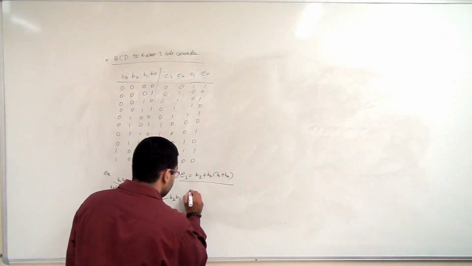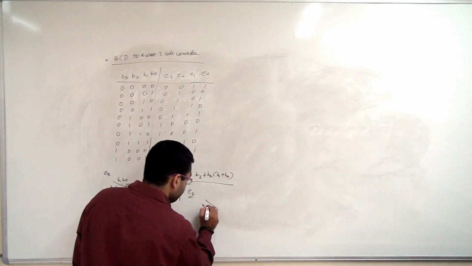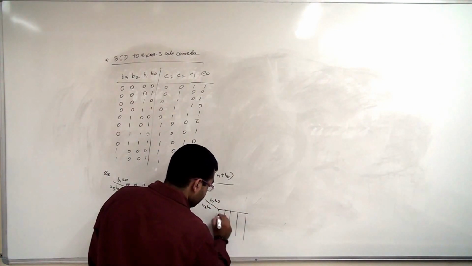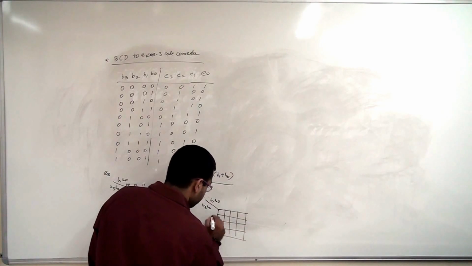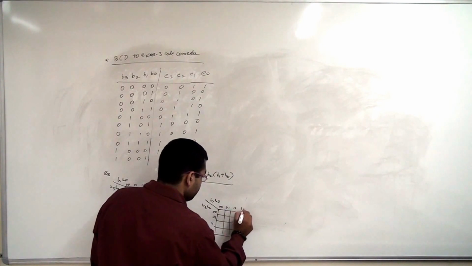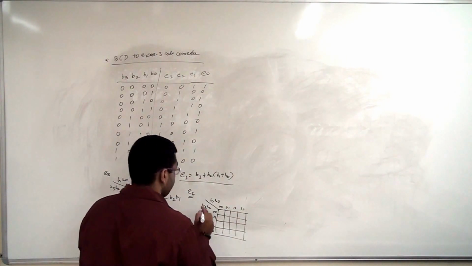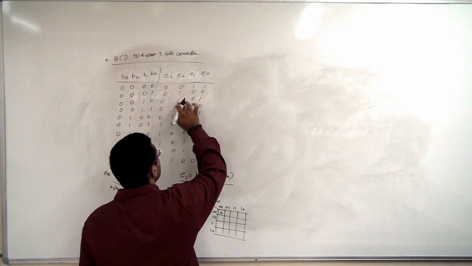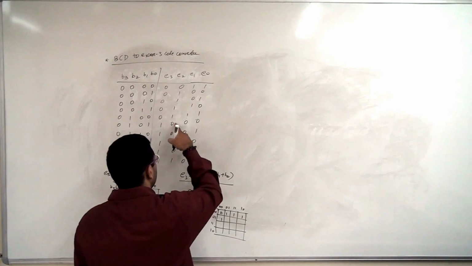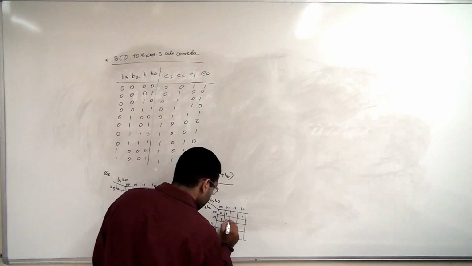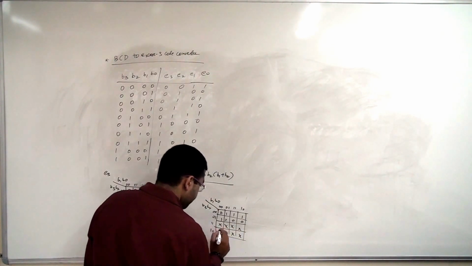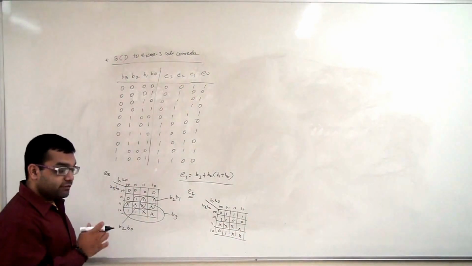Now what about E2? So the simplification of K-map and values filling we have earlier seen.